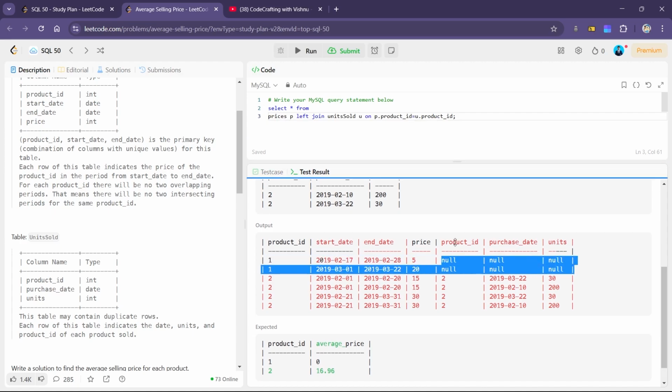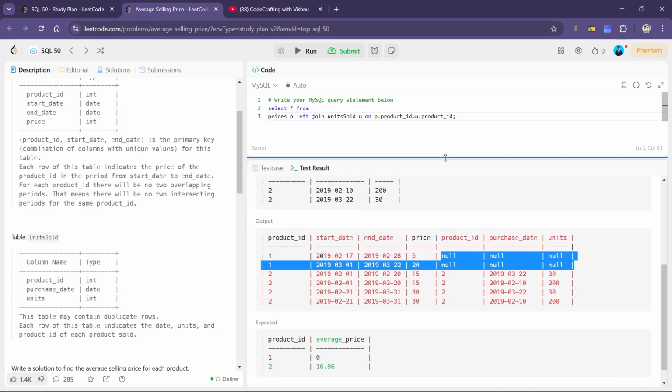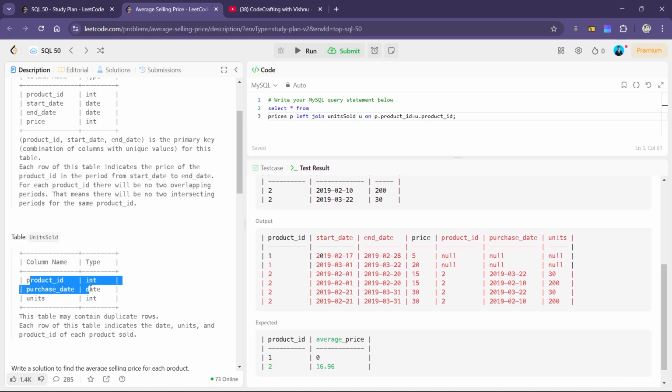Okay, now the next condition is this product is sold on this date, and these are the number of units that were sold. We have to find the price. We have product ID here equal to the product ID here. Good. And this was the purchase date.